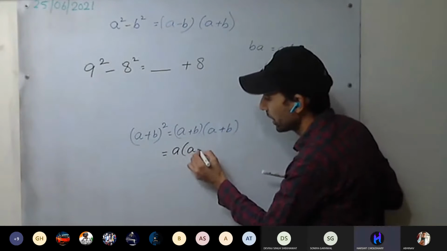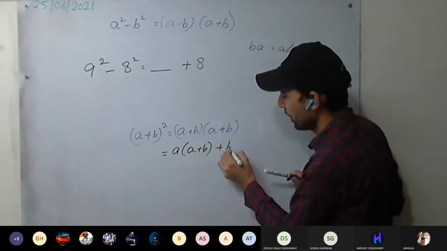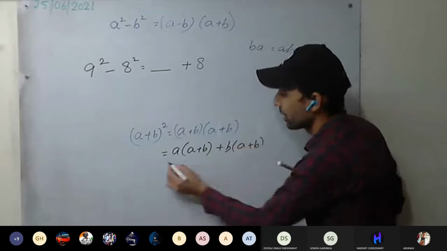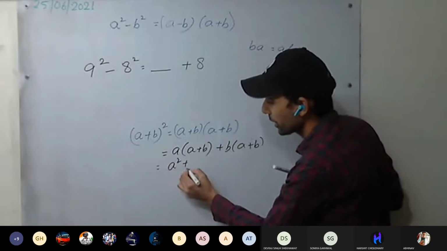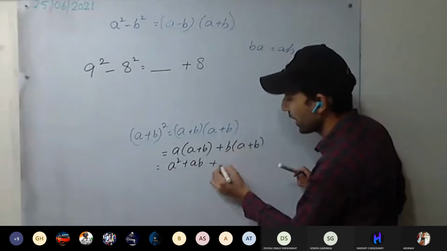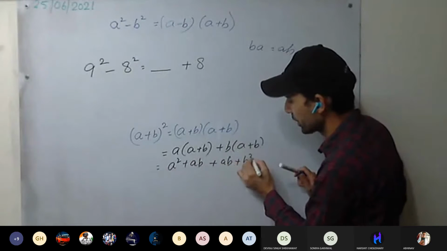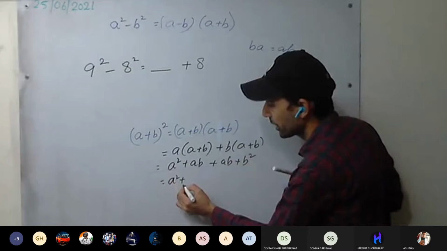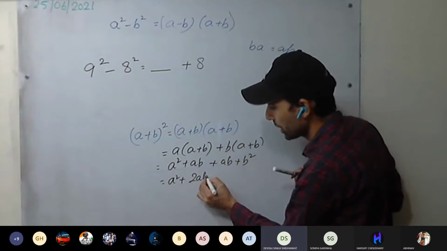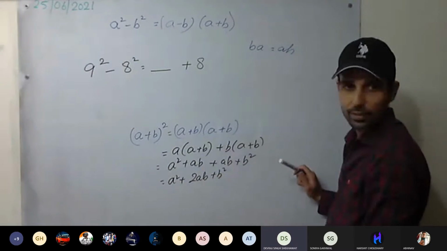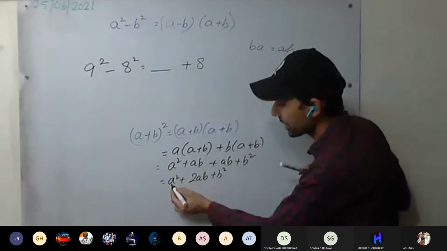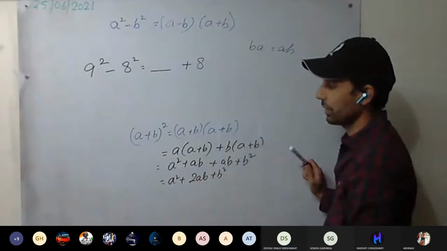Now a into a plus b plus b into a plus b: a into a square plus ab, again ab plus b square. It is a square plus 2ab plus b square, or mainly we used to learn it like this: a square plus b square plus 2ab.